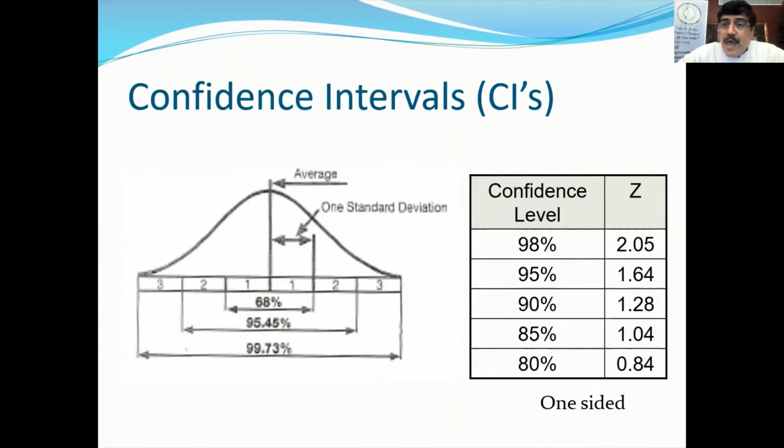If you want me to be more confident, I tell you that I'm 95.5% confident that the average age of the whole school is between 18 and 22, which is 2 standard deviations or standard errors below and above.